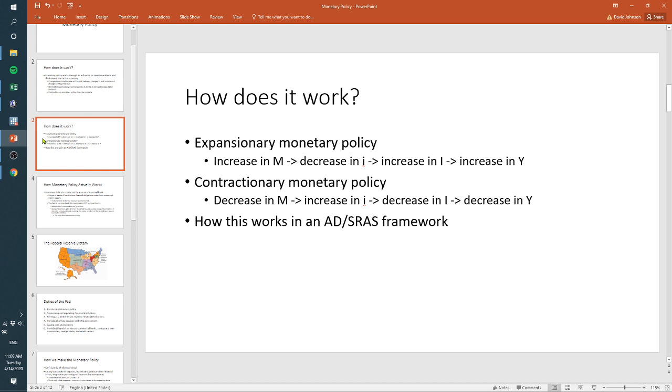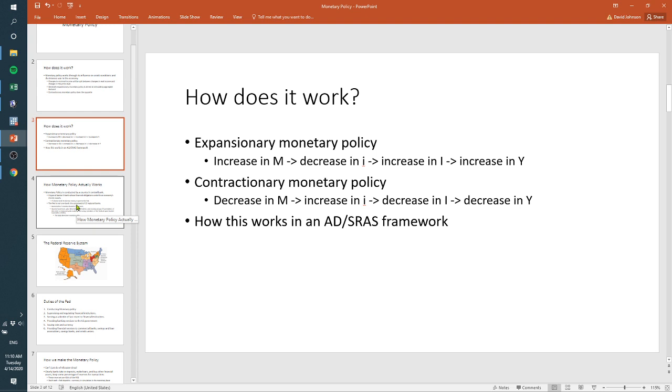So you decrease the money supply, that raises the interest rate, that decreases investment, and that decreases GDP, which is going to decrease employment or increase unemployment. And so it works perfectly fine within the AD, aggregate demand, short run aggregate supply framework.